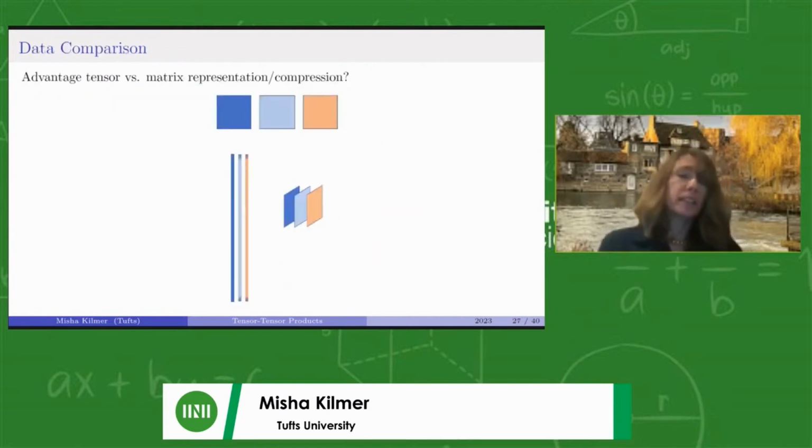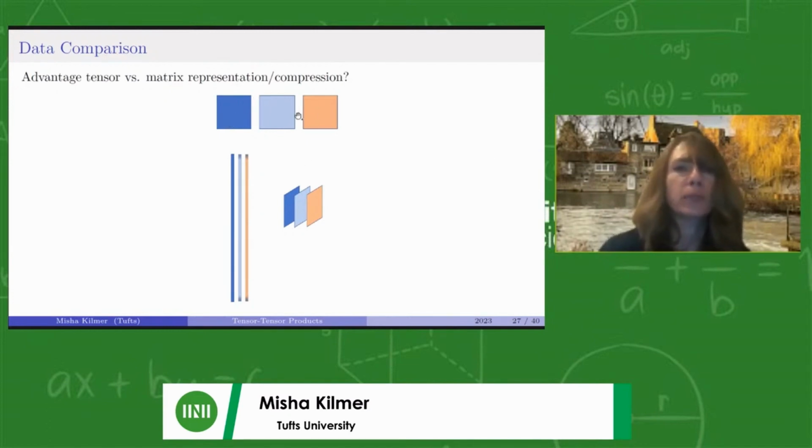So, okay, that gives us some sense of how I might use the tensor SVD for compression. But I really need to try and convince you that I can get something better from this kind of compression than from, again, unrolling the data as a matrix and doing a matrix approximation.